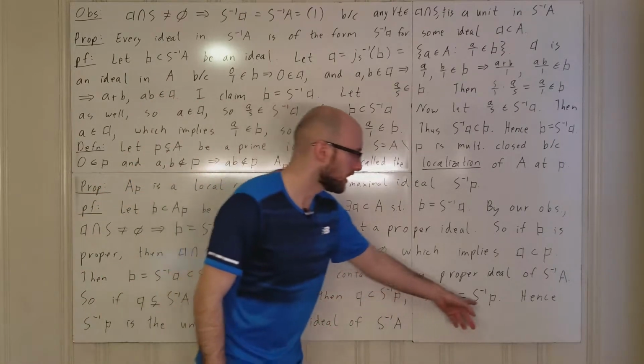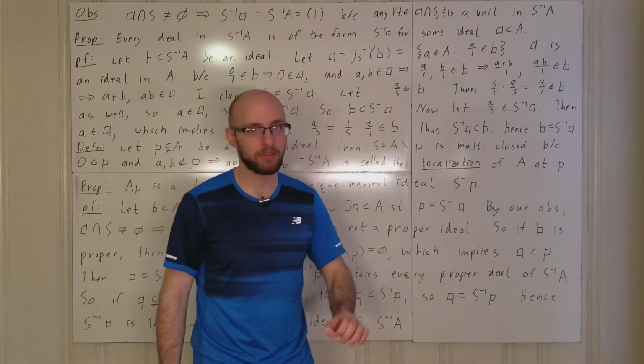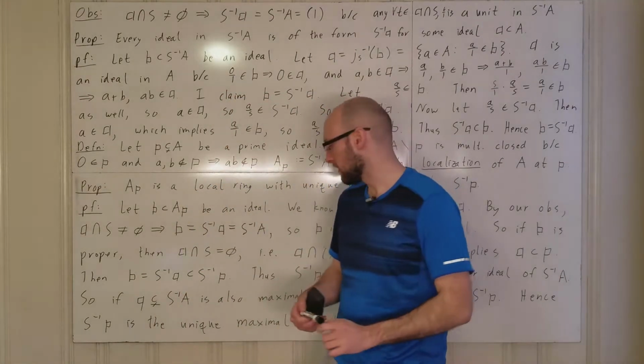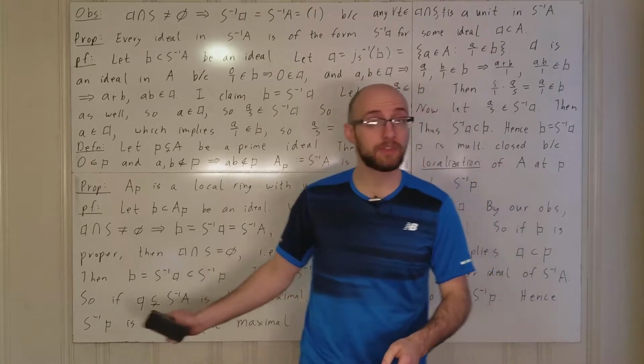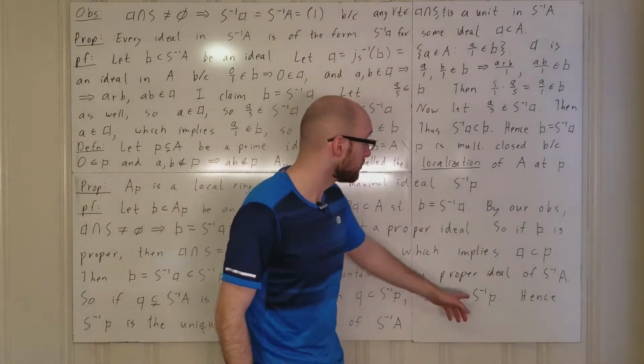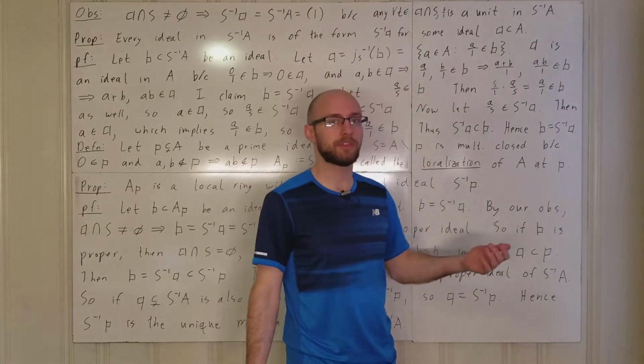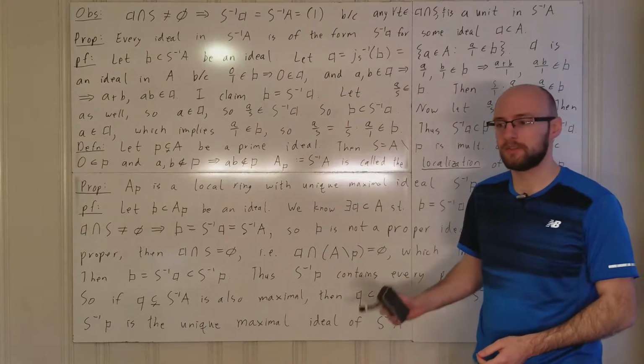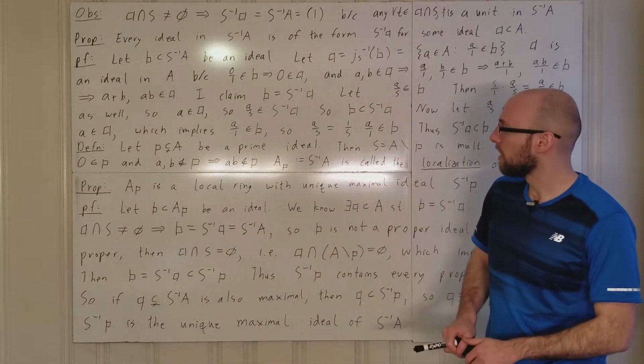So Q is equal to S inverse P. So every single maximal ideal in S inverse capital A is precisely equal to S inverse P. So S inverse P, therefore, is the unique maximal ideal of S inverse A.